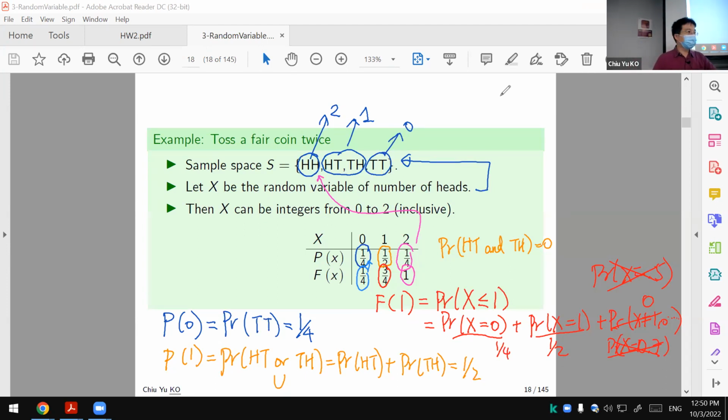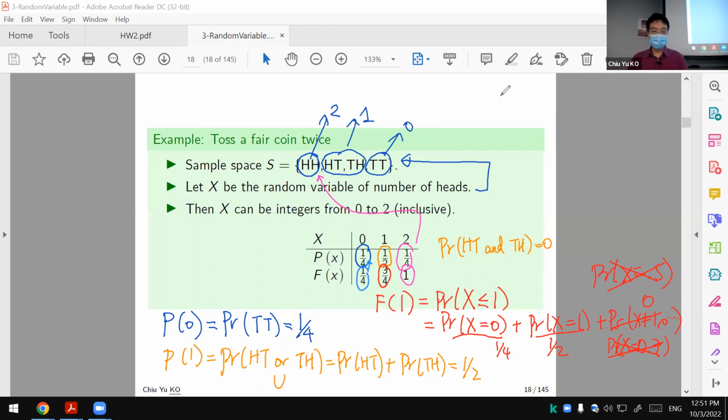And as you can see from this table, either you're given P or F, it's the same thing. The reason why we do this exercise is to show you that usually we do P for discrete, and we do F for continuous. But this example just shows you can change from one way to the other.